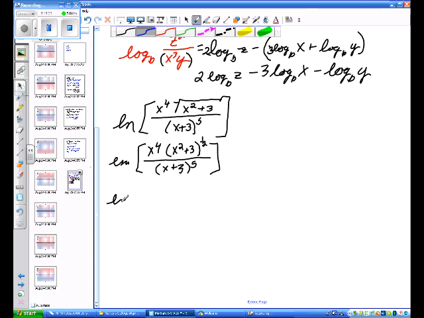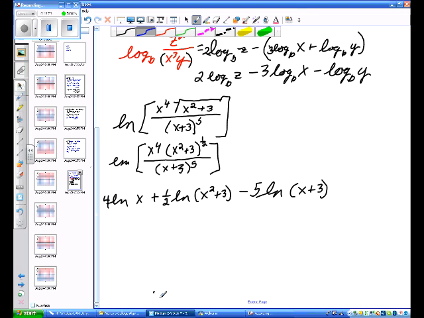So we would have the natural log of x to the fourth, which would be 4 times the natural log, plus the natural log of, in parentheses, x squared plus 3 to the 1/2 power, which would be the power times the log, minus the natural log, in parentheses, x plus 3 to the 5th power, which would be the power times the log. And so this is expanding our logarithms.